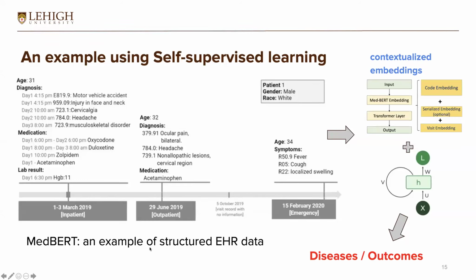You might think it's straightforward, but actually it's not, because EHR data has a complex structure. EHR data is usually time-sequence data, it is multimodal, and sometimes it has missing data.